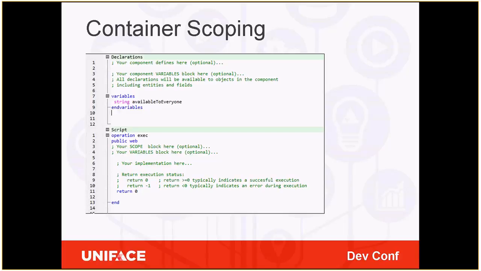So in this example, I've got an available to everyone variable that will be available to the entire component because its container is a component container. Previously, you had the ability to create a component variable. Quite frankly, nobody ever remembered how you got to it.